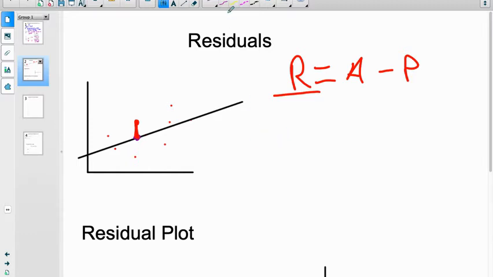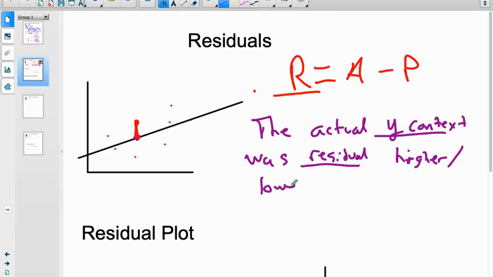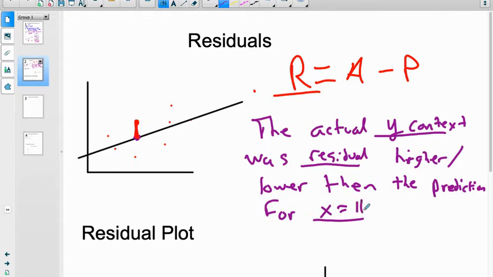In the context of the problem, the actual y was whatever distance that residual is higher or lower than the prediction for x equals whatever number we were predicting with.